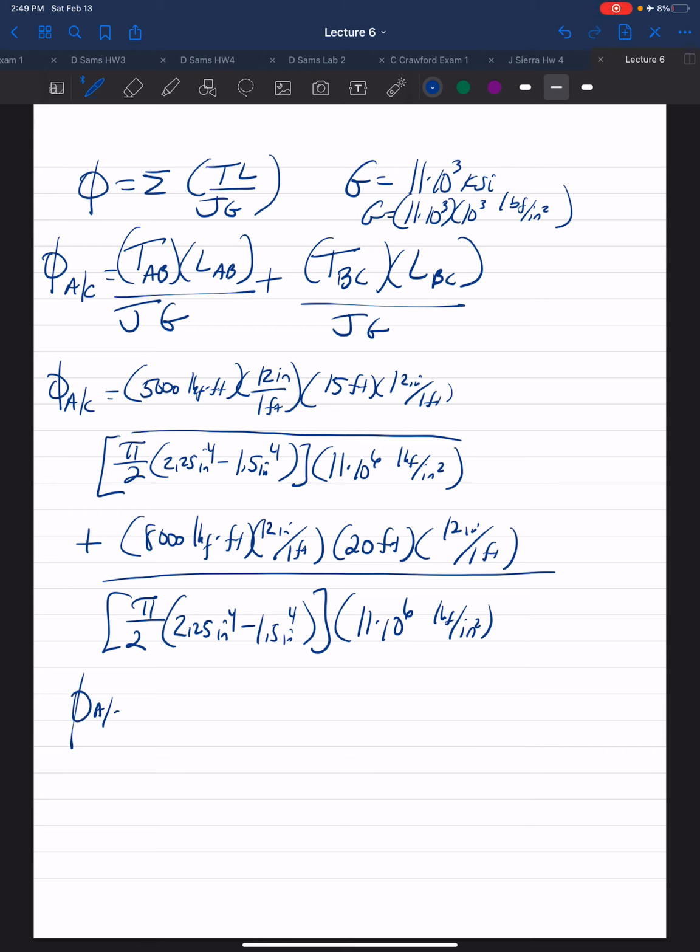So angle of twist, A with respect to C, is equal to 0.0952 radians. If we want that in degrees, we know 180 degrees is pi radians. So this comes out to be approximately 5.45 degrees as your angle of twist.